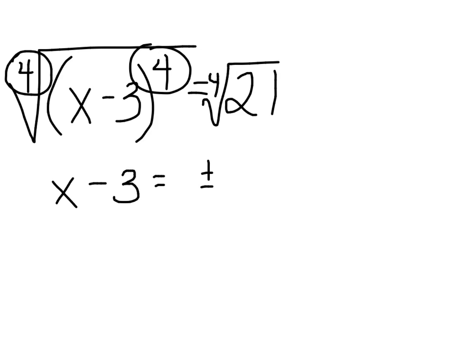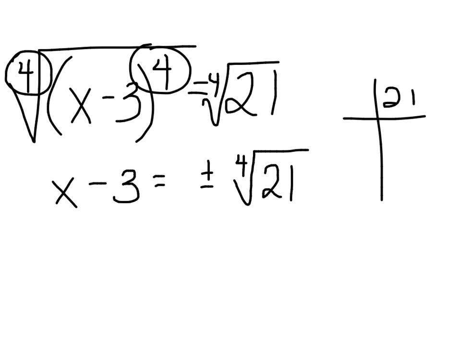But not perfect, right? So what you do is you leave it as the fourth root of 21. If it does not reduce, because remember when we do 21, 3 goes in there 7 times, 7 goes in there once. There's no pairs there or 4 of the same, is there? Okay? So that did not reduce at all, so you leave it as the fourth root of 21.